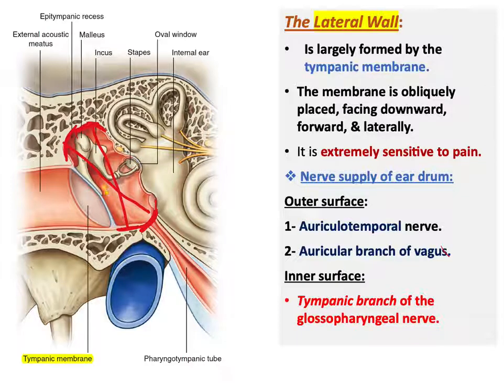We still have the lateral wall of the middle ear, and if this is the lateral, that means this is the medial wall. This way, we get this room, the middle ear. Let us start with the lateral wall. The lateral wall is the easier one and the most interesting one. Why? Because it's composed largely of the tympanic membrane.